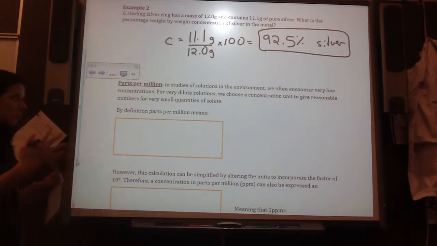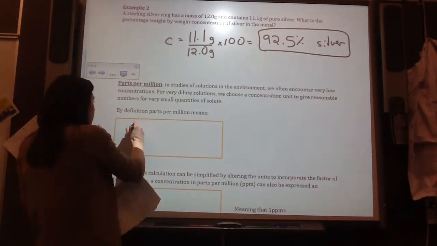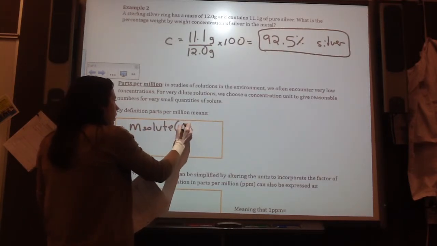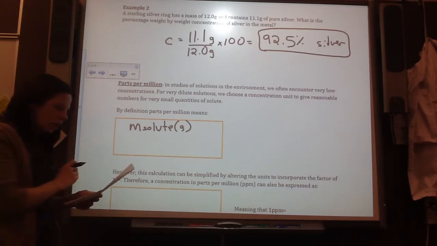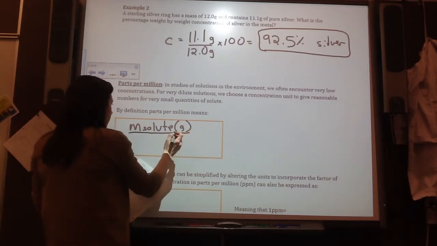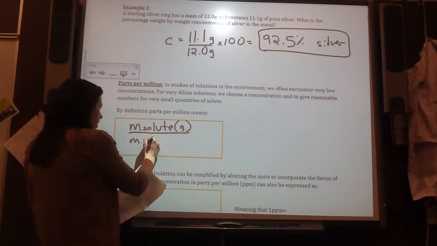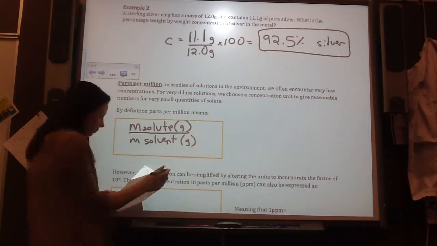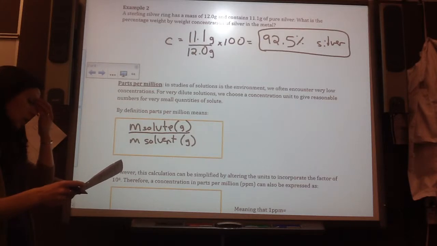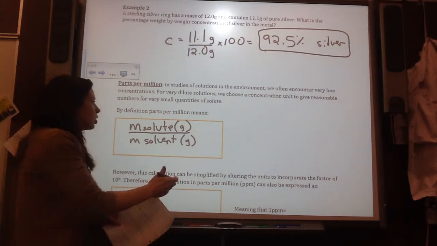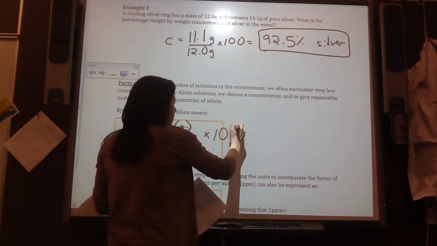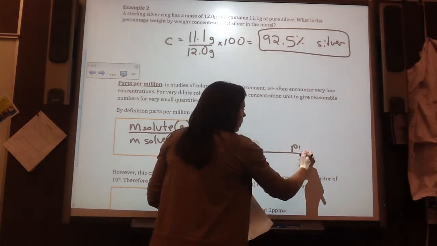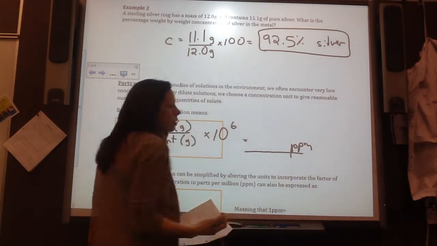The definition of parts per million is the mass of solute, generally in grams, divided by the mass of solvent, again in grams. Then you multiply by 10 to the power of 6, and that will give you a unit in parts per million.